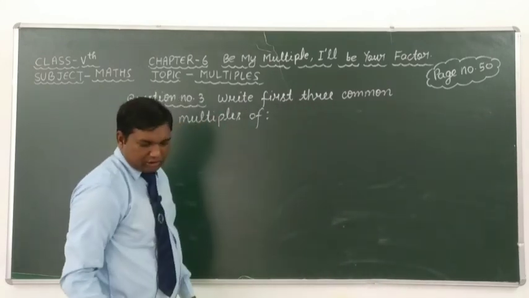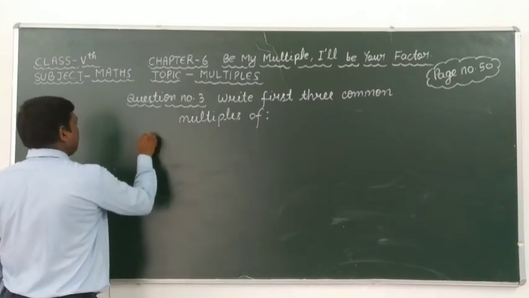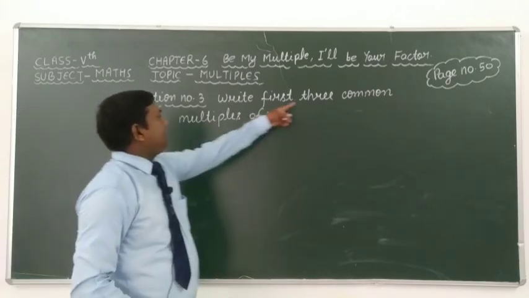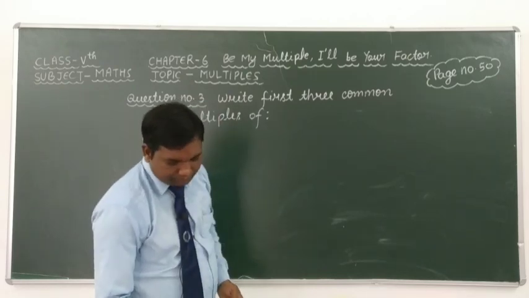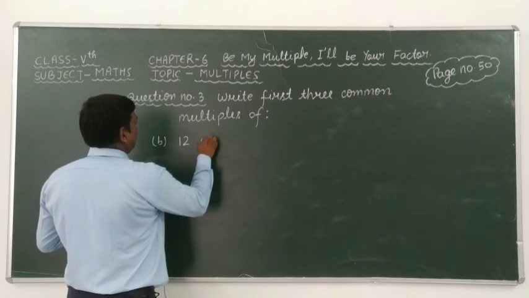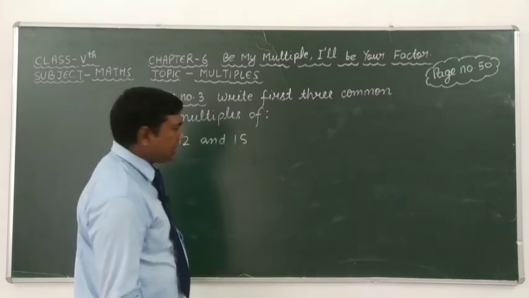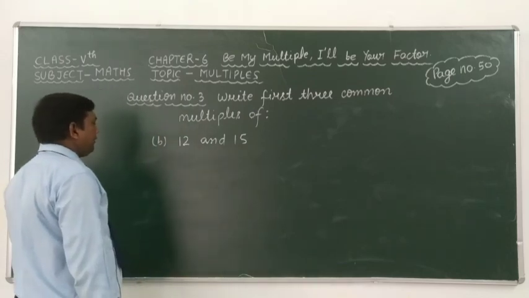Okay, so now let's start question number 3 of B. Question number 3 of B is write first 3 common multiples of 12 and 15. Okay, understand? Look at here carefully.